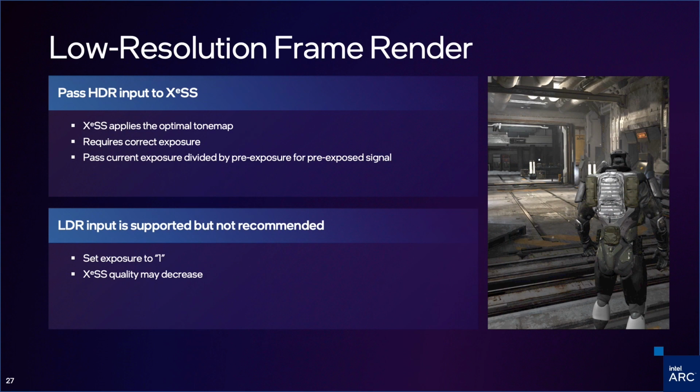XeSS strives to maximize reconstruction quality, so it doesn't aggressively clamp color values from the history buffer, instead relying on the AI model to get the reconstructed image as close as possible to the unbiased estimate. The challenge with this approach to reconstruction is that it's inherently hard for XeSS to reconstruct the image from a limited number of high-variance noisy samples.